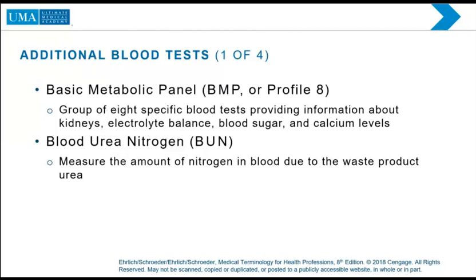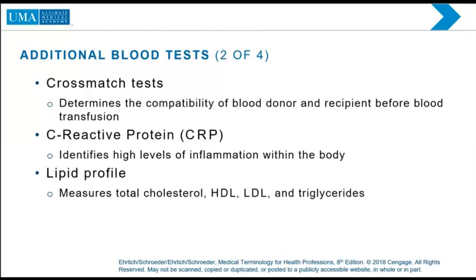Blood urea nitrogen measures the amount of nitrogen in blood due to the waste product urea. Cross-match test determines the compatibility of blood donor and recipient before blood transfusion.